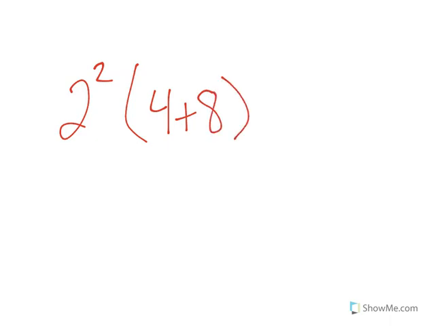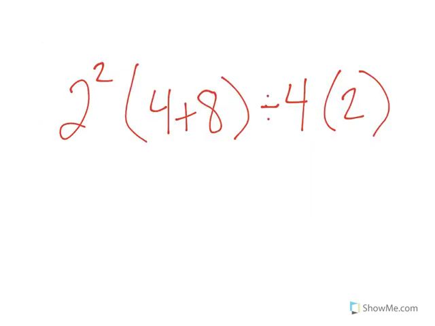Let's see what that would look like. Let's say I have 2 squared, and then 4 plus 8, divided by 4 times 2. Okay. So let's go through our list.